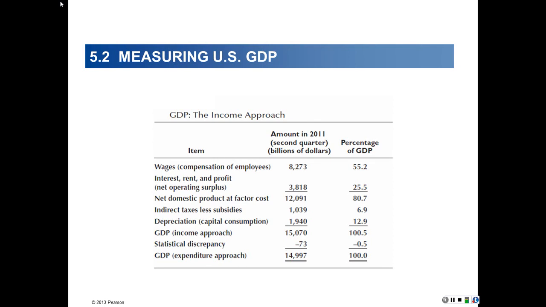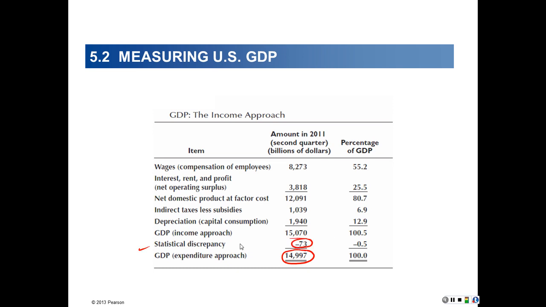And this is what GDP in 2011 looked like. So once again, we have 14,997, which is in $ billions, of course. Remember, that was the same figure we got by the expenditure approach, if you recall. Now notice here that statistical discrepancy is a negative amount.